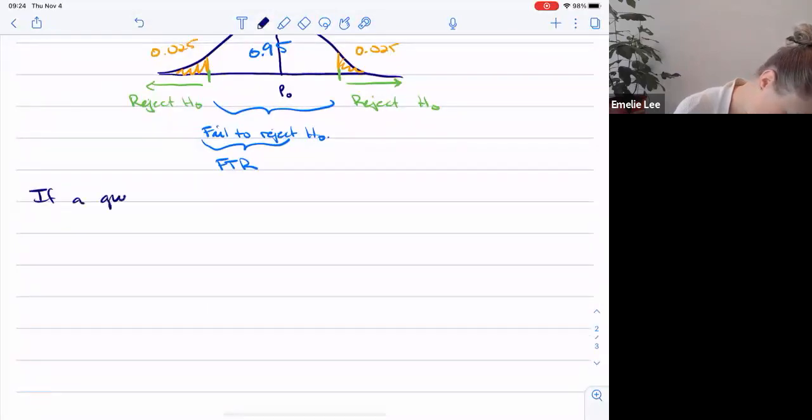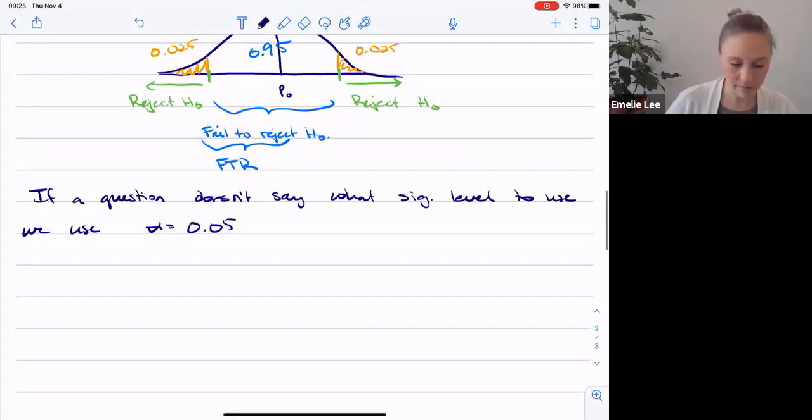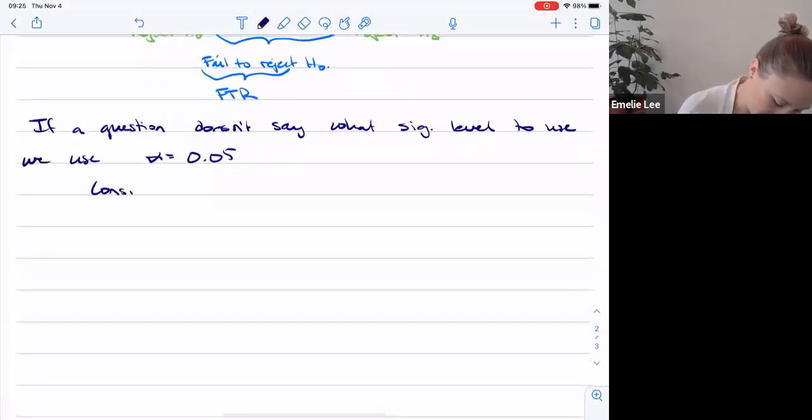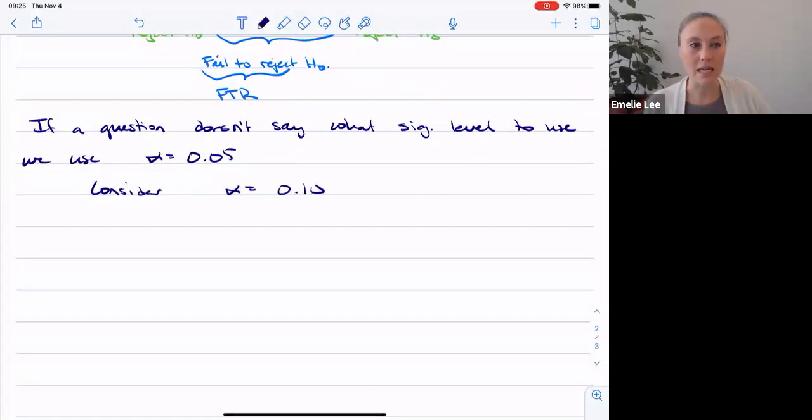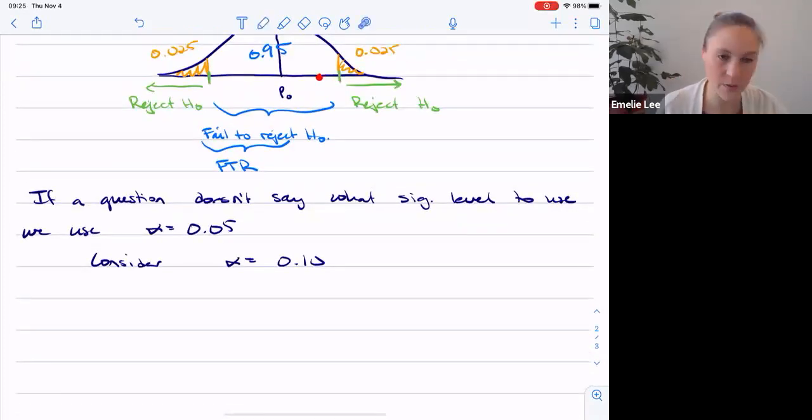If a question doesn't say what significance level to use, we use alpha equals 0.05. Then I want you to just consider alpha equals 0.10. If I increase the area in the tails, so I move the threshold closer to the hypothesized value, then I'm moving these bounds closer in, right?